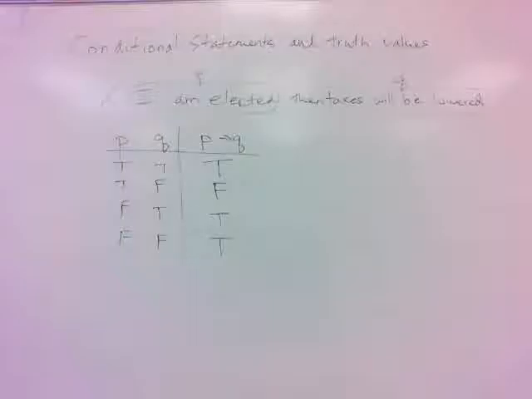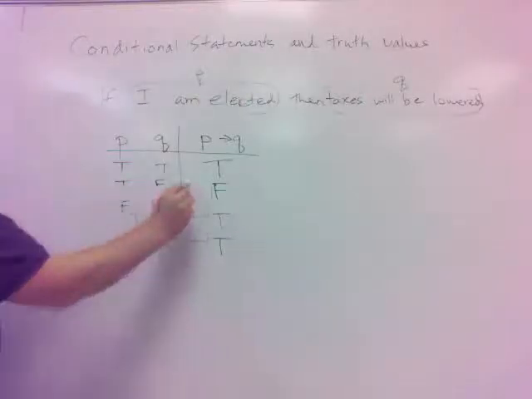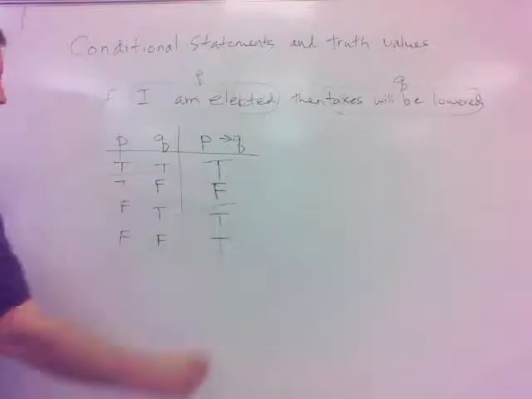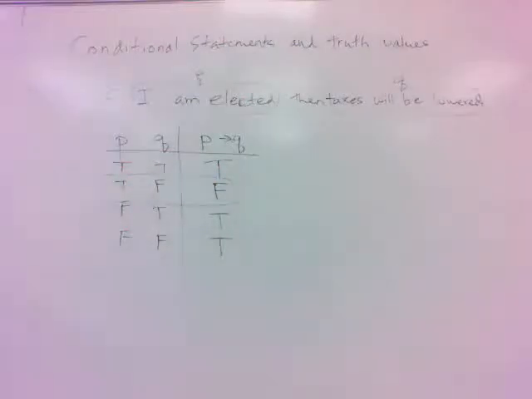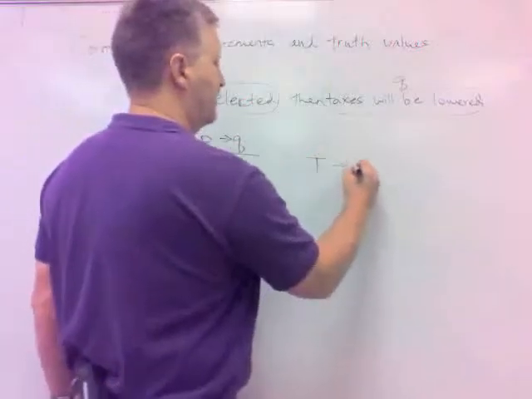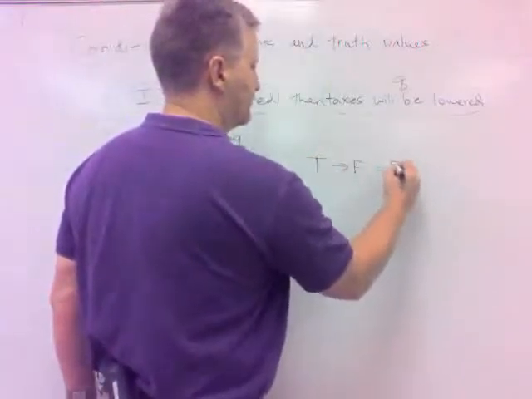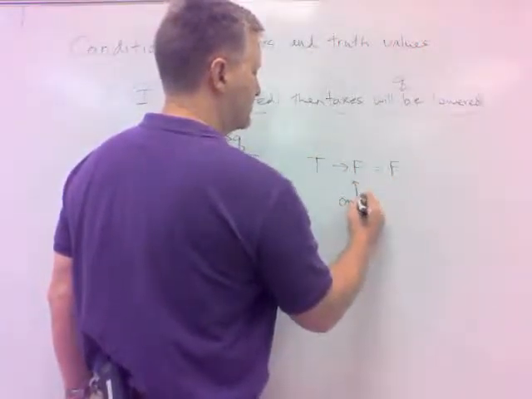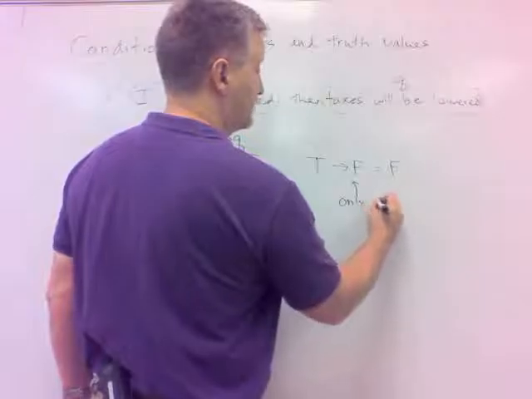Yes. The conditional statement is a little different than the and statement, a little different than the or statement, isn't it? To kind of summarize, right here is the one that's kind of different, the one that's false. The rest of them are true. T arrow F, that's the only time the conditional statement is false.